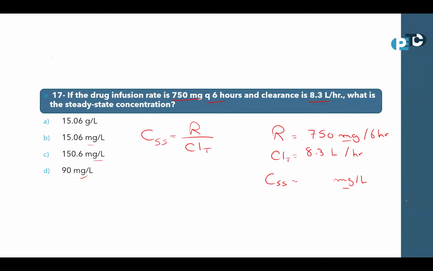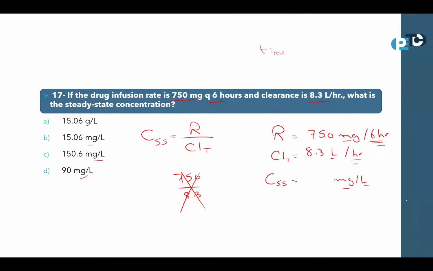The unit of volume, liter: no problem. But we still have the unit of time. Don't forget the unit of time. It is one of the important units. Here the time is 6 hours, while here it is 1 hour. So we should not divide 750 over 8.3. It will be a wrong answer.